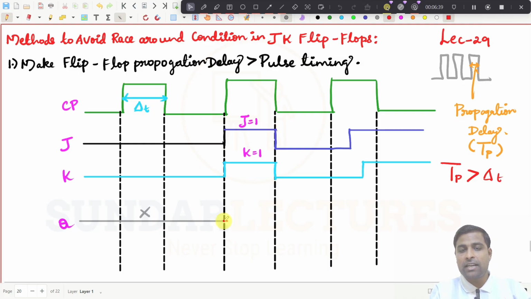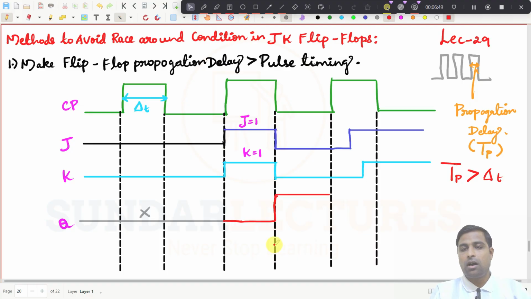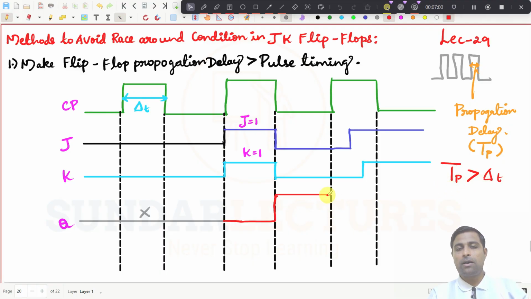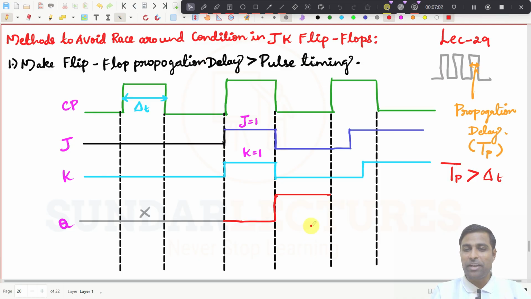This will take another whole timing here. So again it will go to 1. To process this output, if you take the whole time greater than this delta T, what happens now? The race around can be eliminated, right?